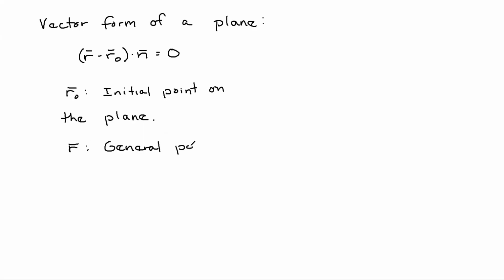Again, similar to y equals mx plus b. It's just the y and the x. It's any old point that ends up being on the line. Oh, whoops, I should say these are vectors. Initial vector that terminates on the plane.